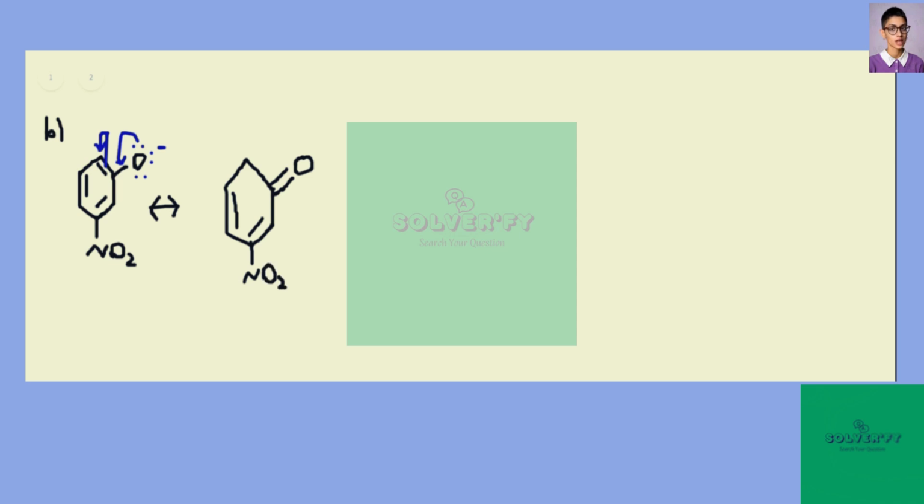Okay, so here's our first resonance structure. The lone pair and the negative charge are on this carbon. And so from here, we'll proceed exactly like we did in part A. So the electrons can move like this.